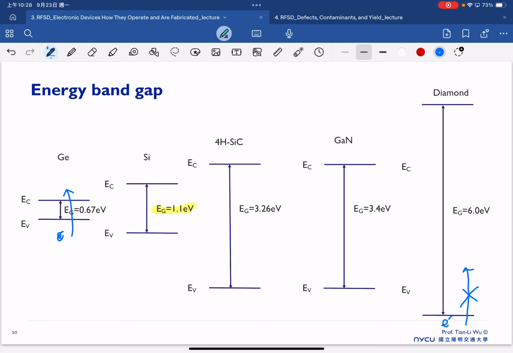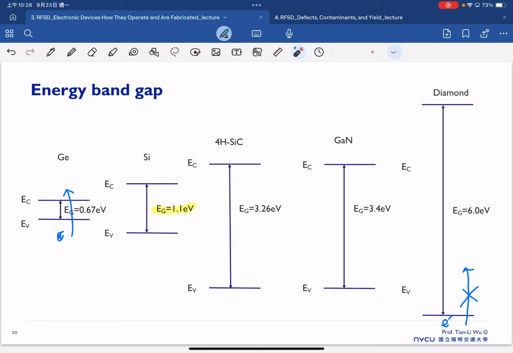So this phenomenon can also be understood by using the band diagram. Finally, the larger or smaller band gap can reflect the property of the electron transport inside the material.